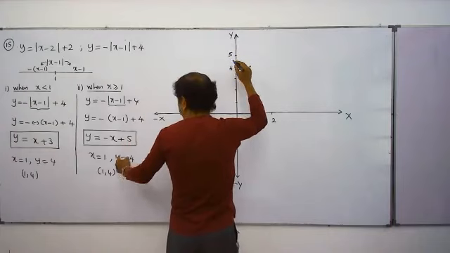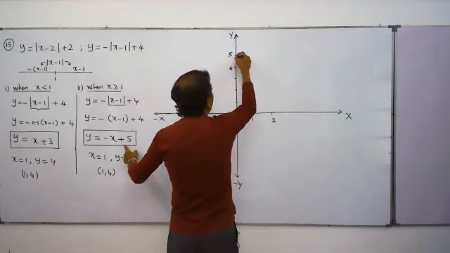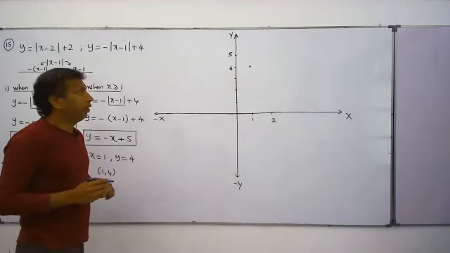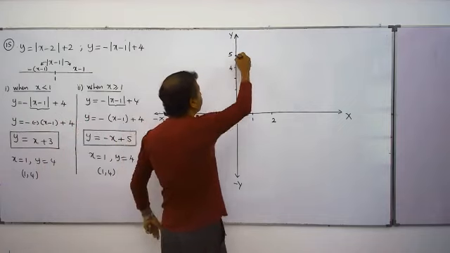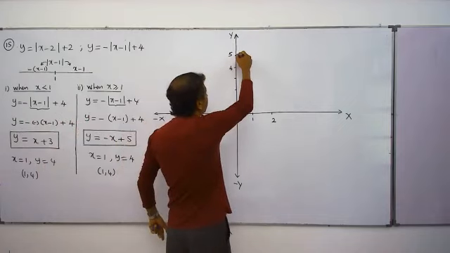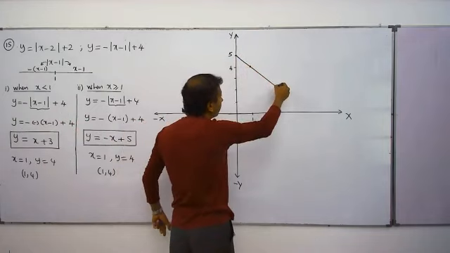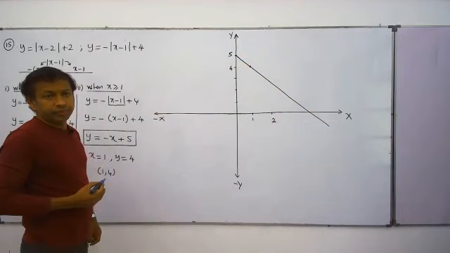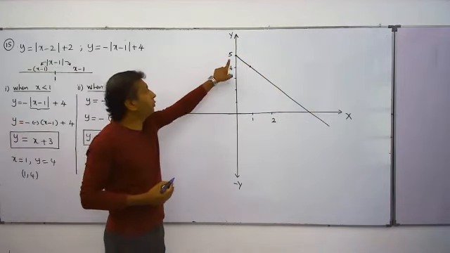Then to draw this line, we can use this point and this point, people. Then we can draw the line like this. See here, the line coming like this. This is the line; we can produce it to this end also.